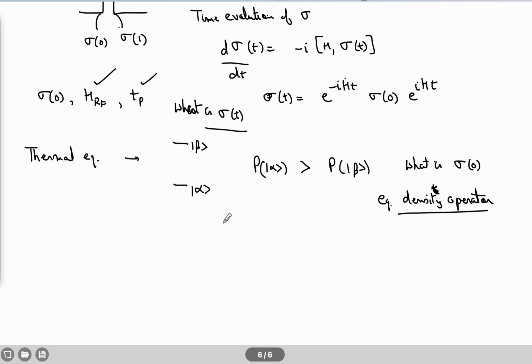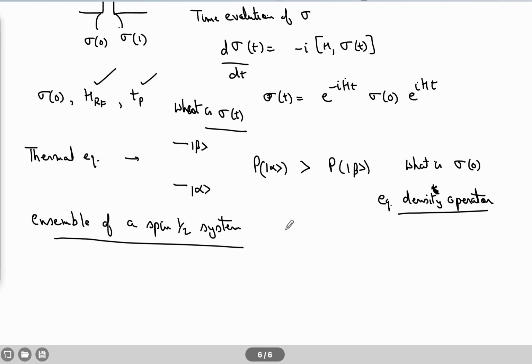So what we have done is we have just placed the sample inside the magnet and we want to know what is the density operator of that system at that particular instant. Okay, so let us consider the ensemble of a spin half system. So it's a single spin, so there is no spin-spin coupling here.